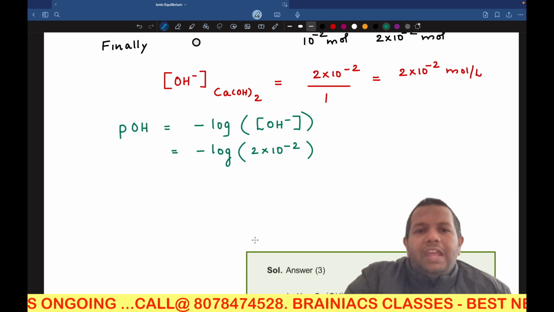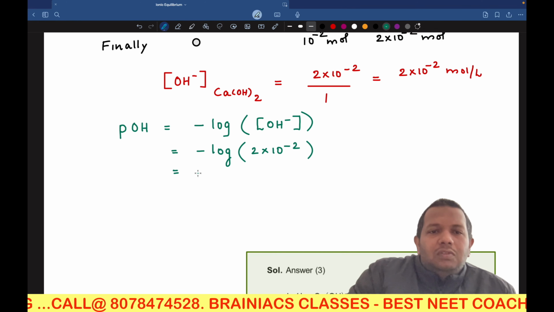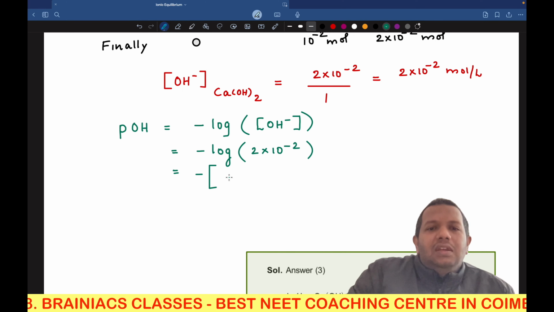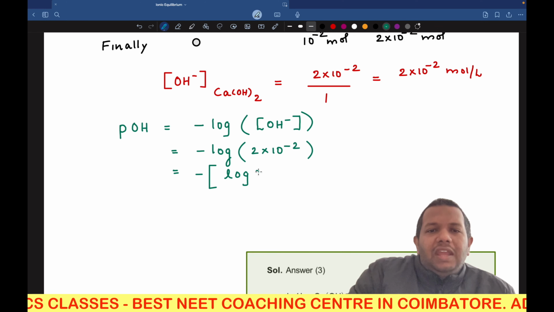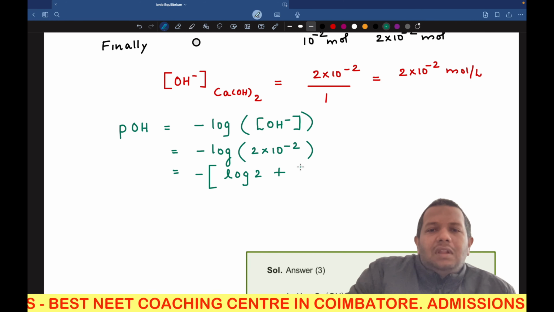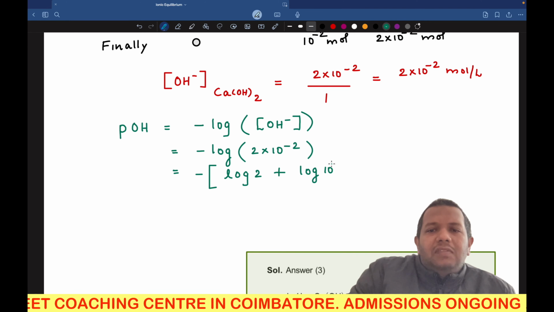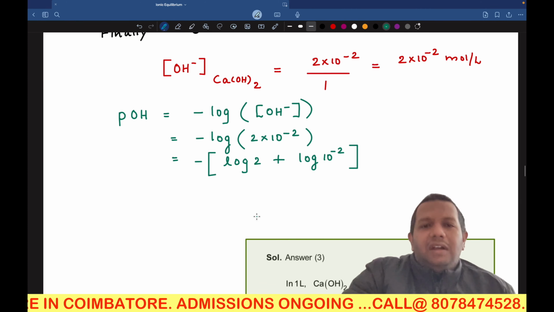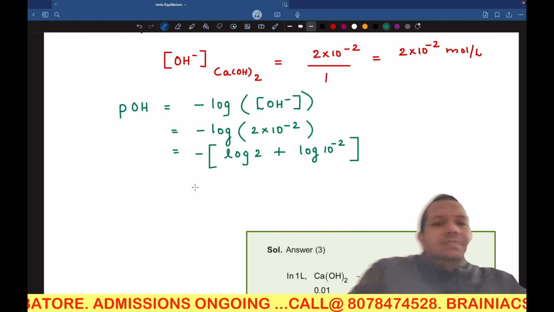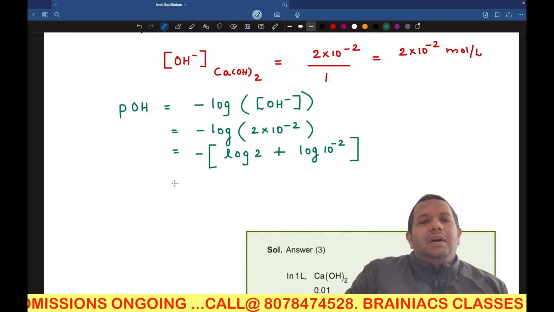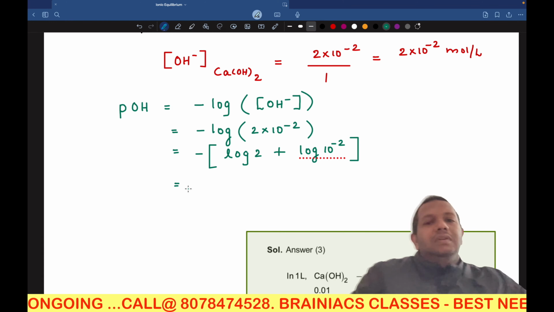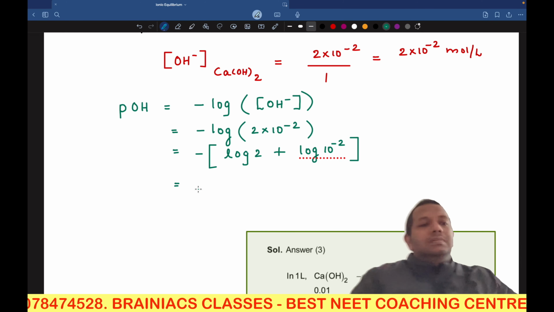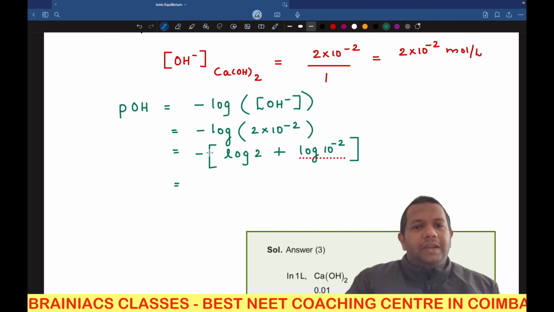Now you can expand it again. As you know, log AB you can apply here as well. So I take the minus outside, and log AB I can split like log A plus log B, that is log 2 plus log 10 power minus 2. Clear? Now multiply by minus here.